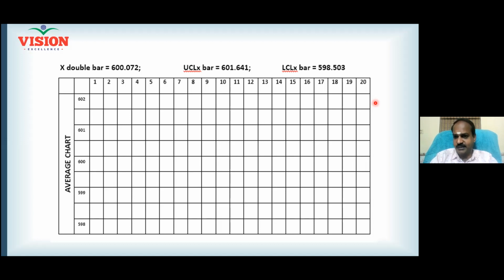People have to be equipped, and they must be comfortable using all these tools. We are not talking at the higher level. We are talking at the 7 QC tools, the foundation tools. It must be used.